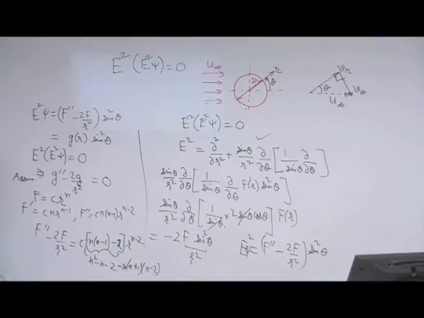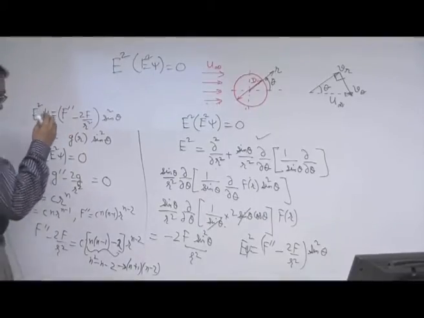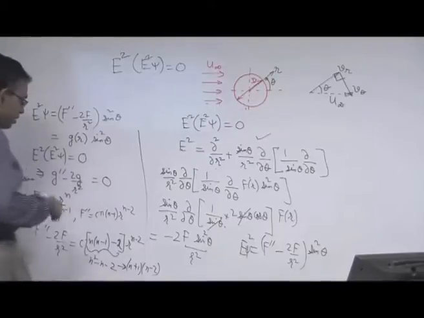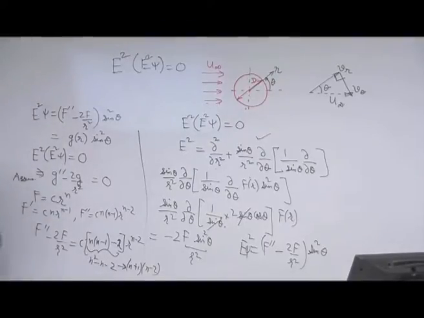N square minus n minus 2, right. So, for f double dash minus 2f by r square, we have got this particular term.